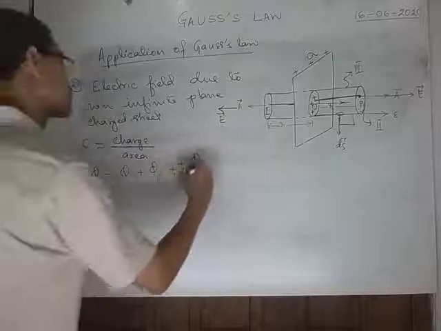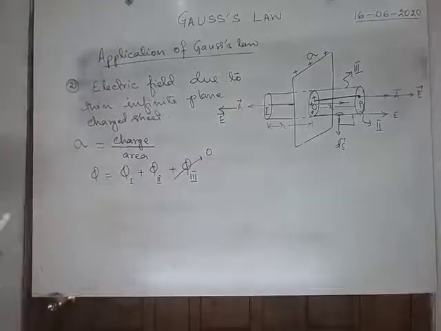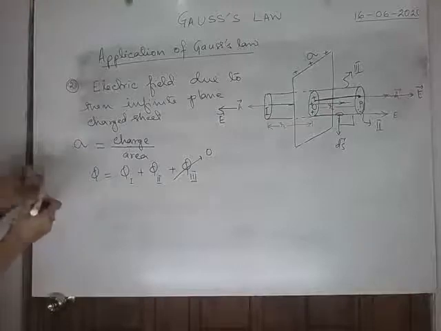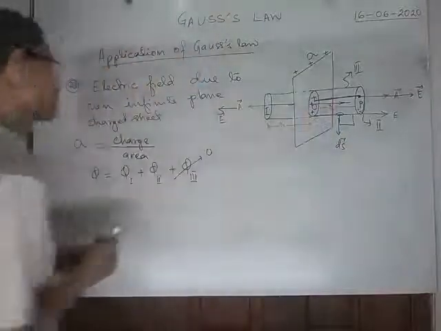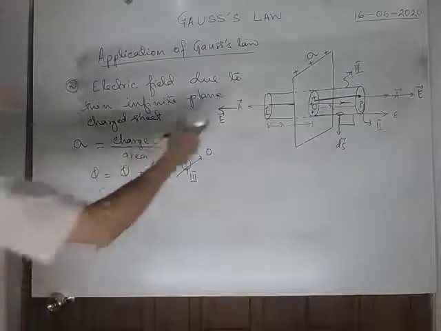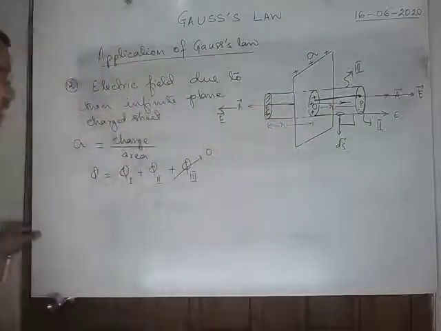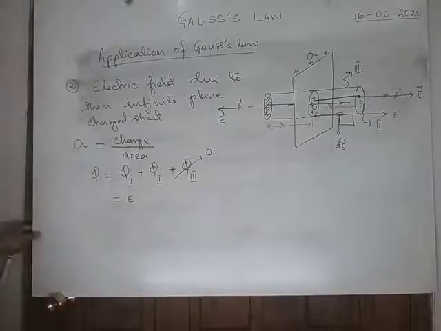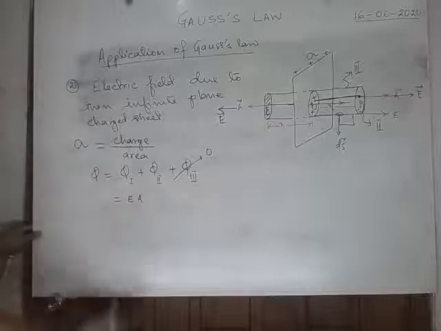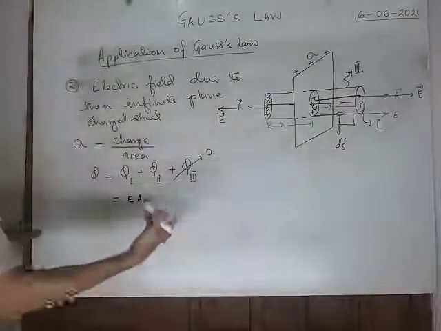So this will go to 0, and the contribution is due to surface 1 and surface 2. As we have taken this surface area as capital A, your total electric flux will be equal to EA for this, and for that also it will be EA.